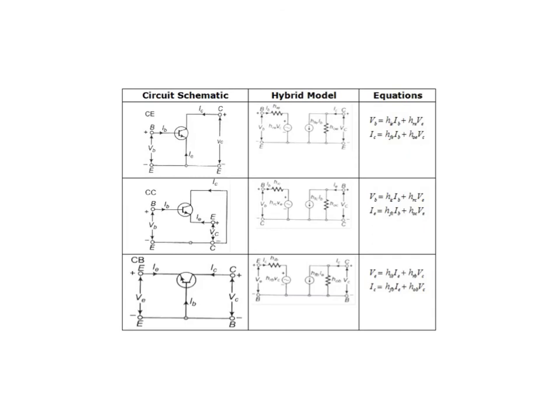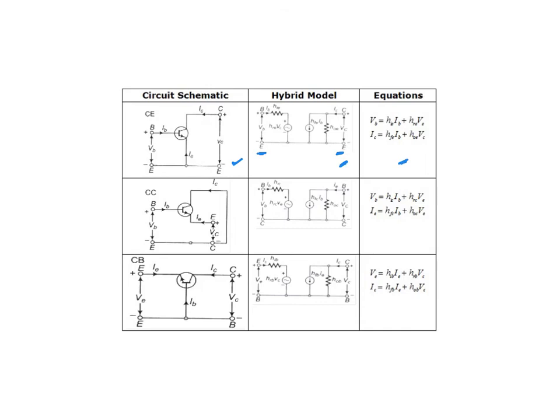So this is the H parameter equivalent for various configurations. If we consider the first one, this is the common emitter configuration, and this is the corresponding H parameter model. Here emitter is common between input and output, and these are the H parameter equations for common emitter configuration.